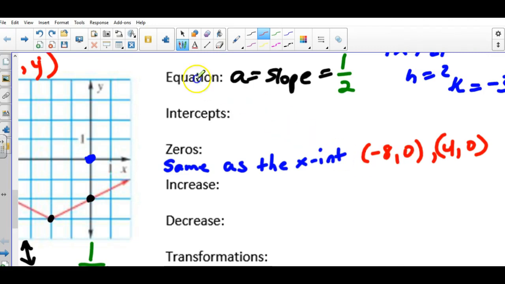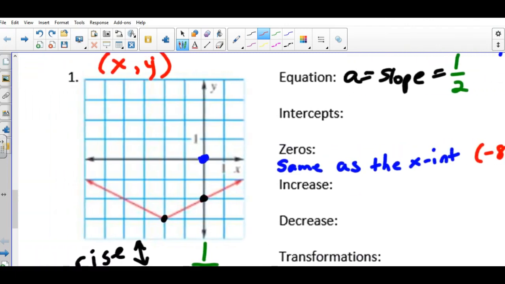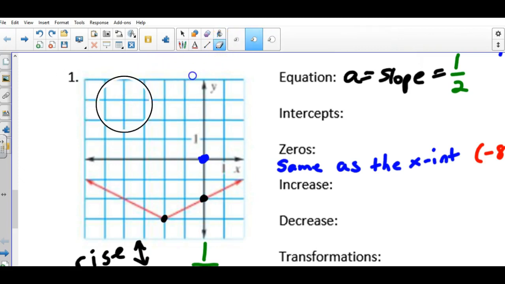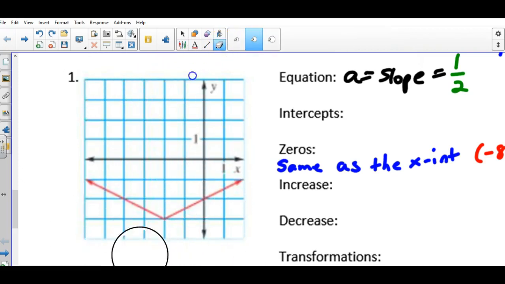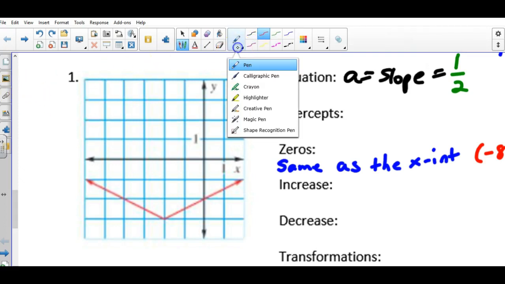Now, increasing and decreasing. Increasing and decreasing, let me go back to our graph. And some sketching for you because I want to try to take a second to explain this for you, okay? Out here to the left, guys, there's a value that exists infinitely that way to the left.